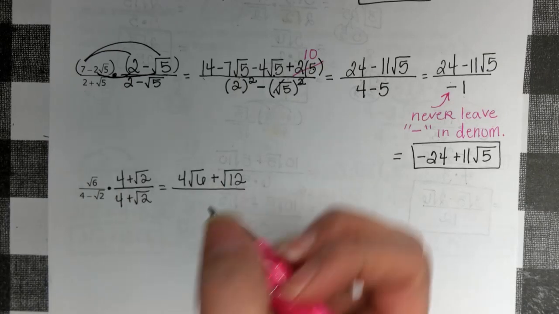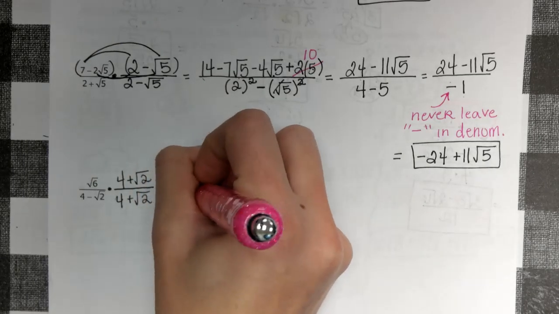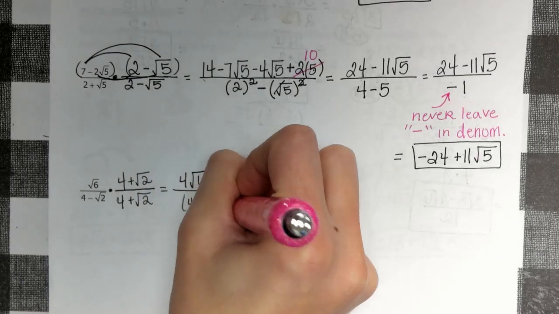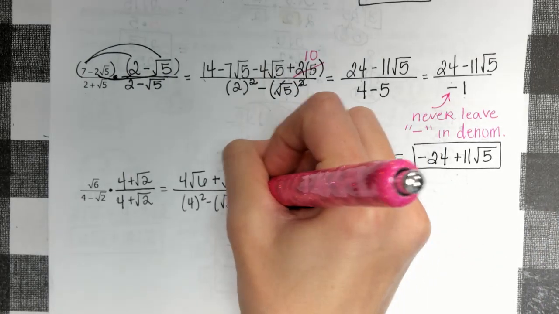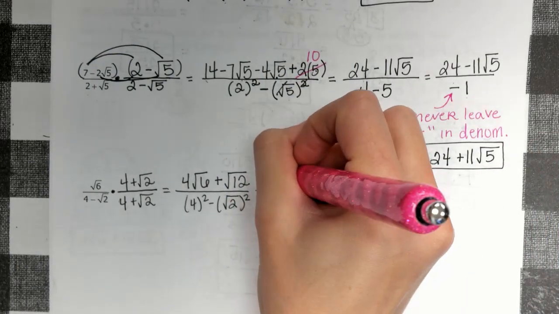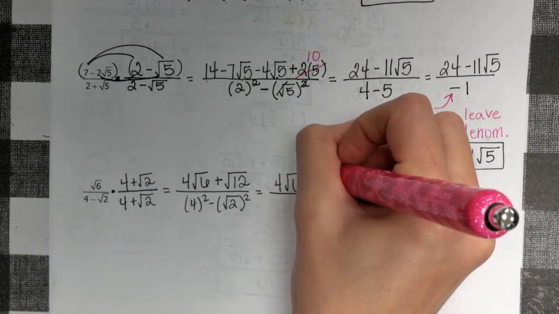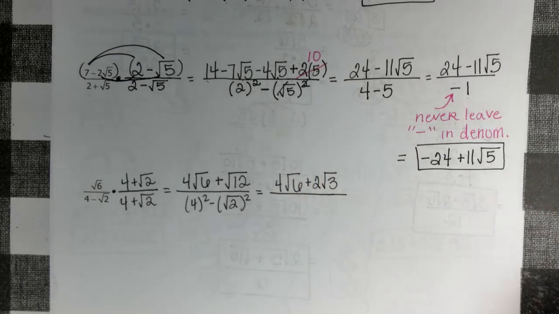Okay, then my denominator becomes, now 4 square root of 6 I cannot simplify, but square root of 12 simplifies to, should have caught that to be 2 square root of 3.